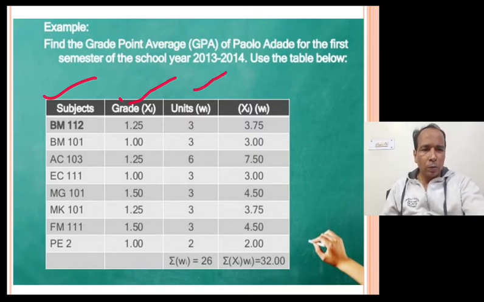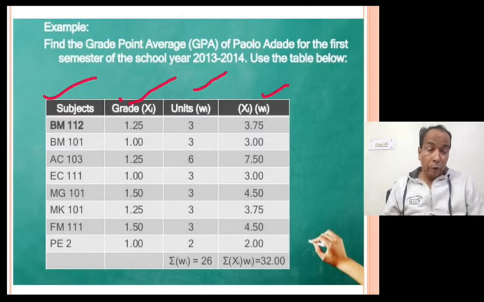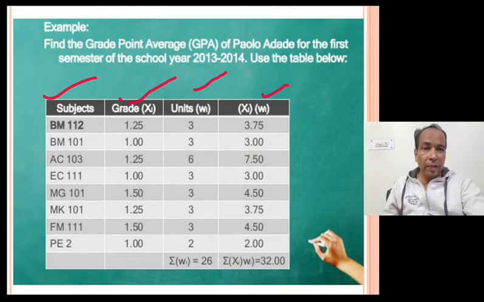So you calculate xw, recall the formula sigma xw upon sigma w. That is why you make the next column, multiplying x into w, the weight. So you get the third column here, and then you summed all the weights and all the wx values.